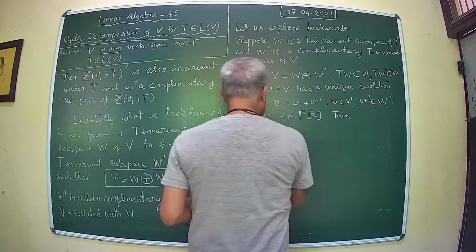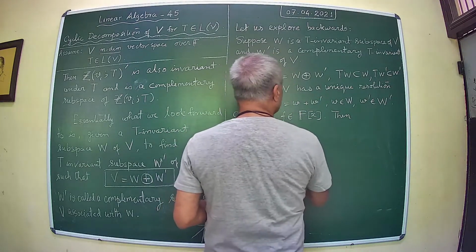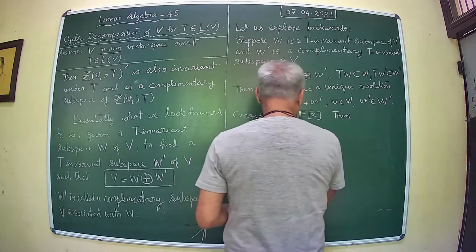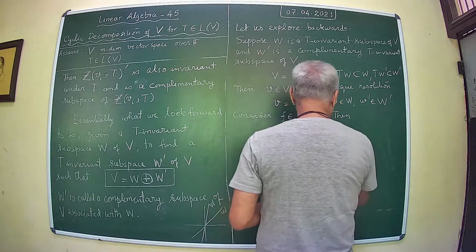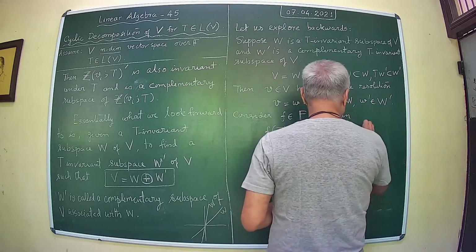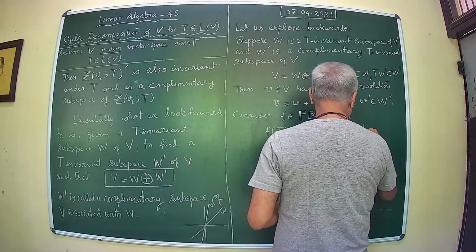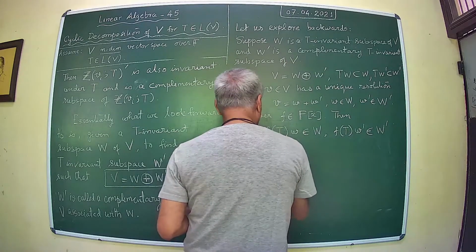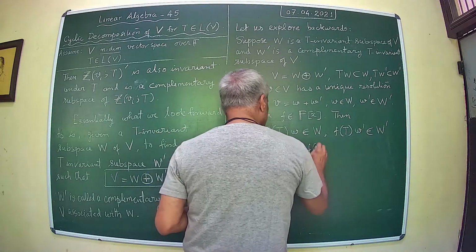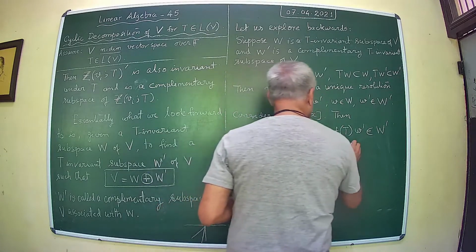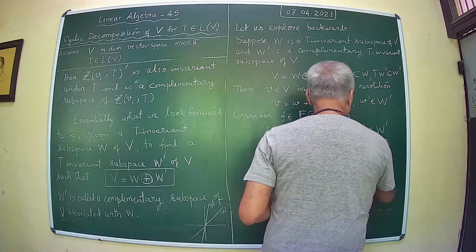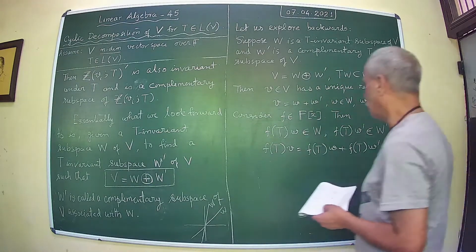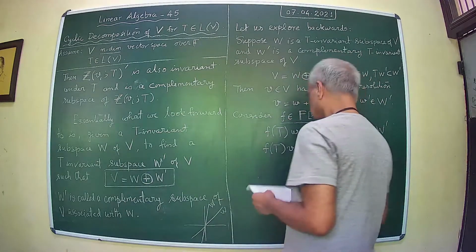So what we can assert is that f(T) of W is contained in W. You also have f(T) of W prime contained in W prime. So for f belonging to F[x], this is true.